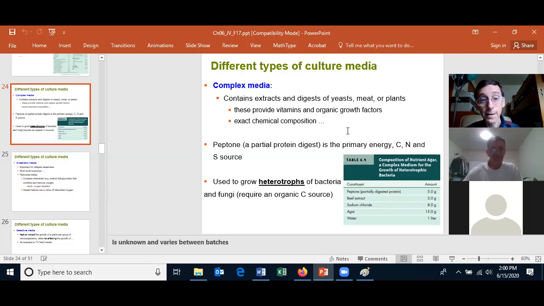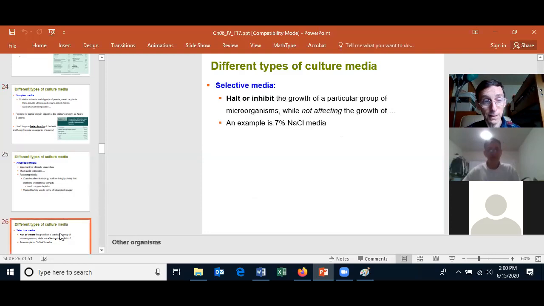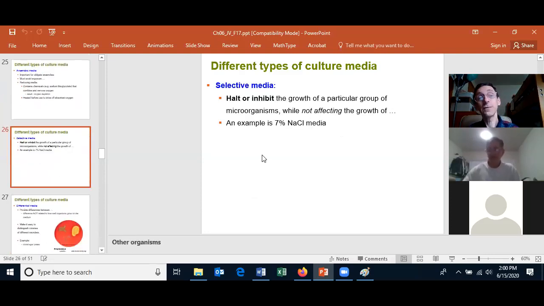But the point is, general purpose media are non-selective, and we can grow many things in them, and they're also cheap to make compared to a fastidious media or even an anaerobic media. And generally they're cheaper than a selective media.